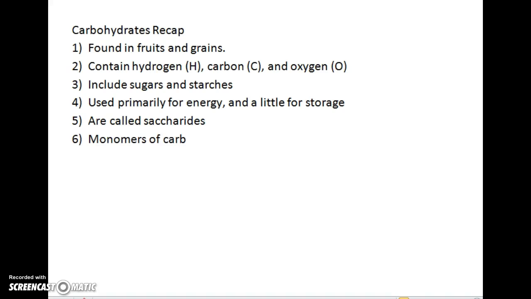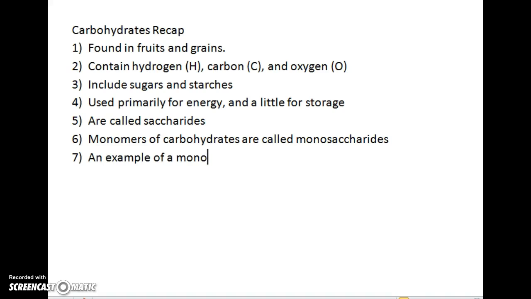The monomers of carbohydrates are called monosaccharides. Once again, mono meaning one, saccharide meaning carbohydrate. 7. An example of a monomer is glucose, and we talked about glucose and how that can link together. 8.